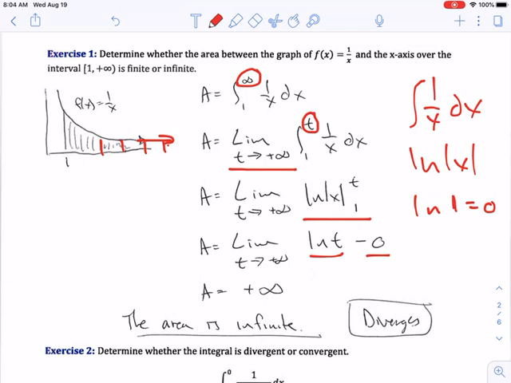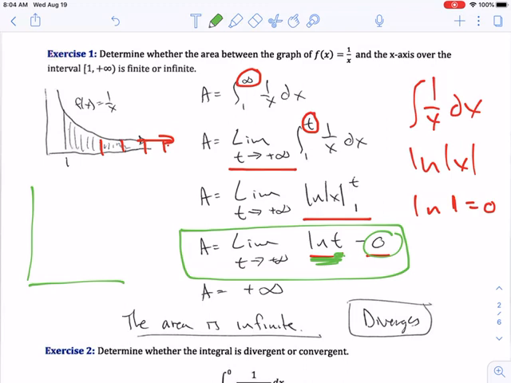Now here's the part that's new. This is going to require a little bit of intuition. It's going to require you to remember a little bit about finding limits and some reasoning. This is just 0, that's not going to change, but we want to look at what's happening with the t. As t is approaching infinity, the log of t is getting larger and larger. The easiest way to think about that is to know what the logarithm function looks like.